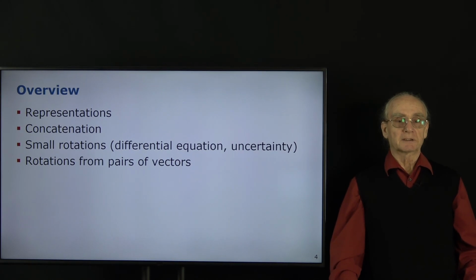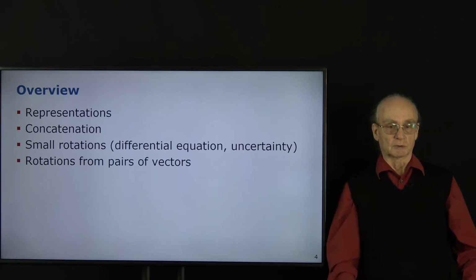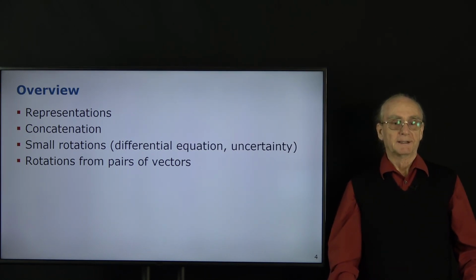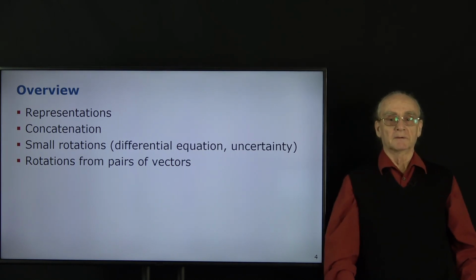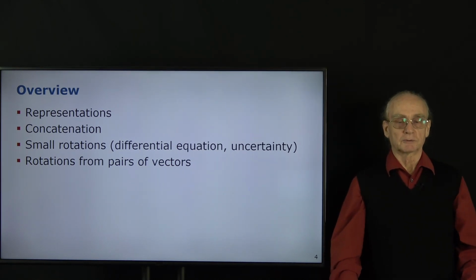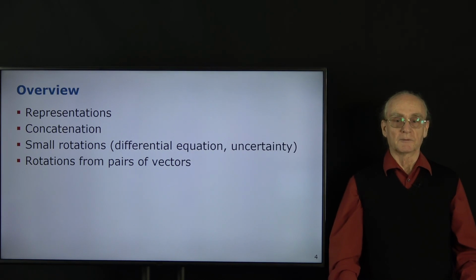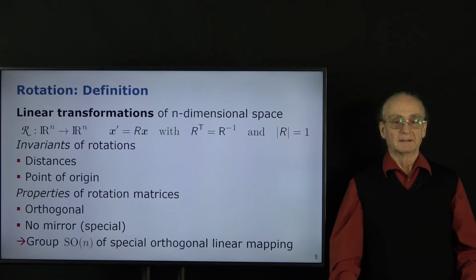And the main part is about uncertainty of rotations, which requires that we know how to describe small motions, small rotations. And then finally we would like to know how to derive rotations from pairs of directions. So if you have given several points on the sphere, before and after rotation, we want to know how to derive the rotation from these observed points.